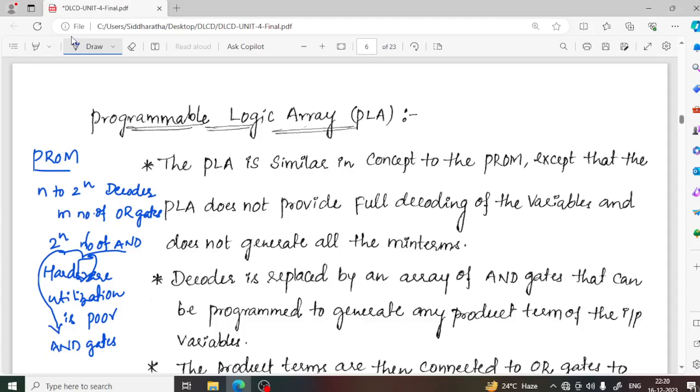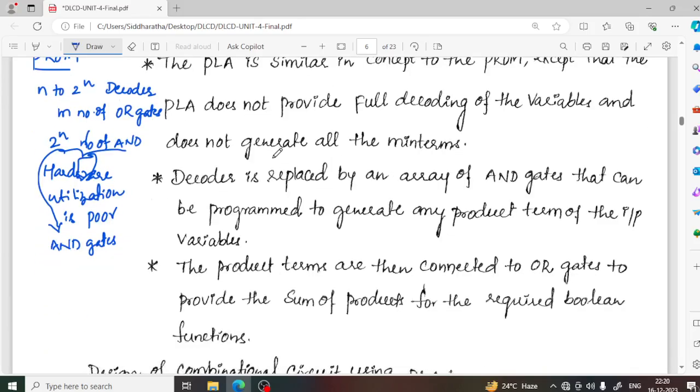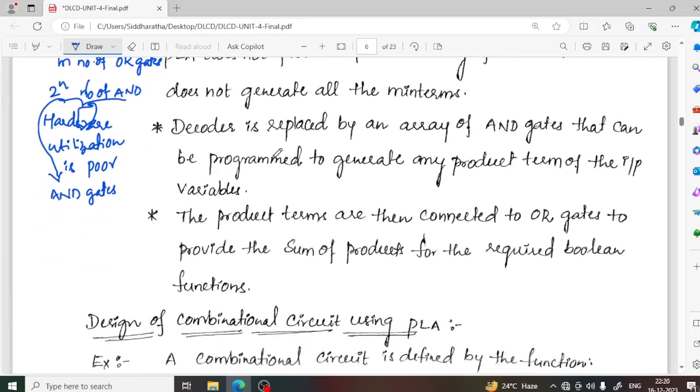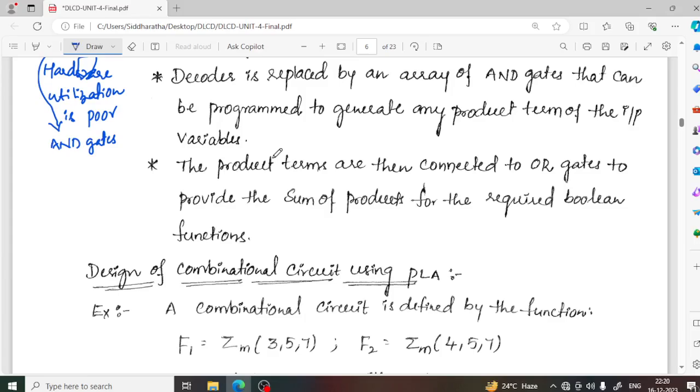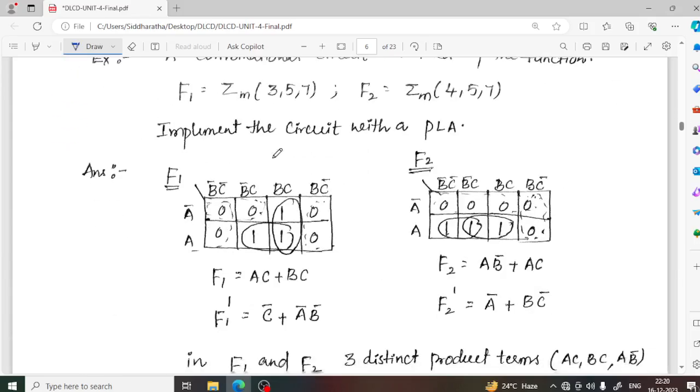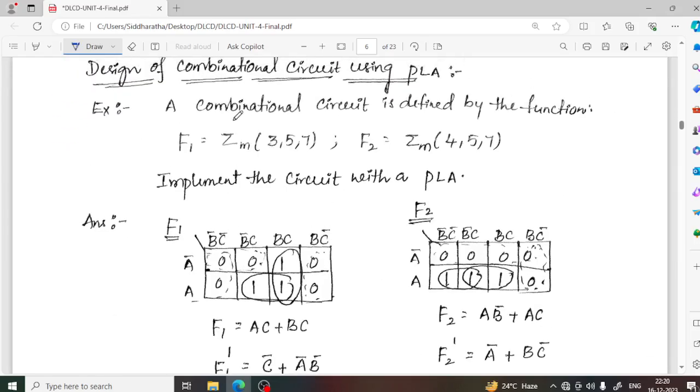Right. So here we are taking one simple example: how a given switching function or combinational circuit can be designed using PLA. Design a combinational circuit by using PLA. Here the combinational circuit has two outputs, F1 and F2. First step, simplify F1 and F2.